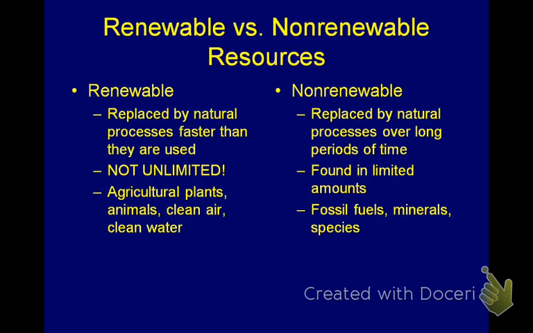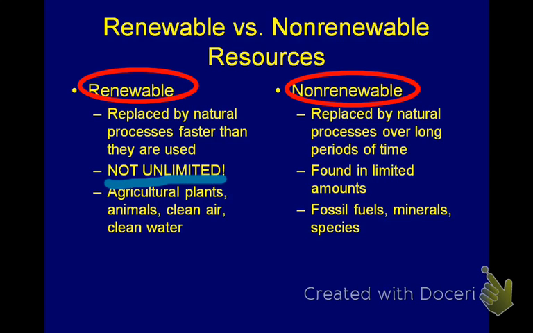This you may have heard about in social studies. If not yet, you will. Renewable versus non-renewable resources. Renewable resources are replaced by natural processes faster than they are used. Really important to understand though, renewable resources are not unlimited. Here are some examples. Agricultural plants, animals, clean air, and clean water are all renewable in theory.